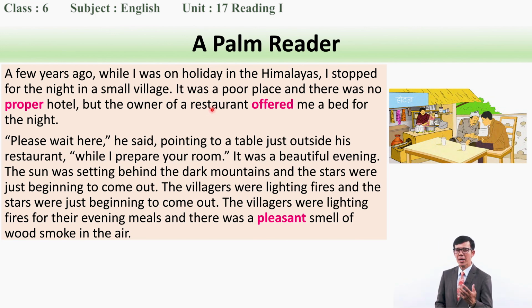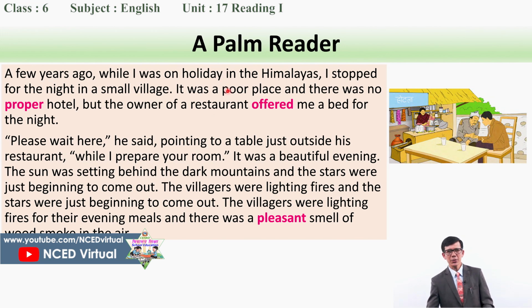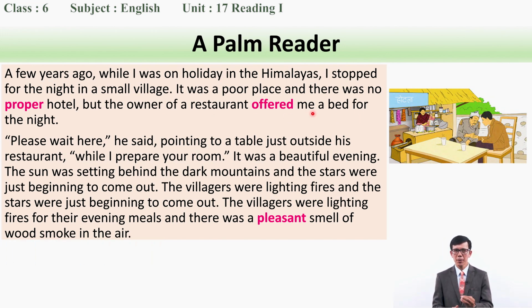And at the same time, please try to underline the highlighted words given in the story, okay, and guess the meaning of these words from the context. While I'm reading the story, you can underline, you can highlight, okay. You can just try to guess the meaning of these words. Then we'll discuss their meaning later.